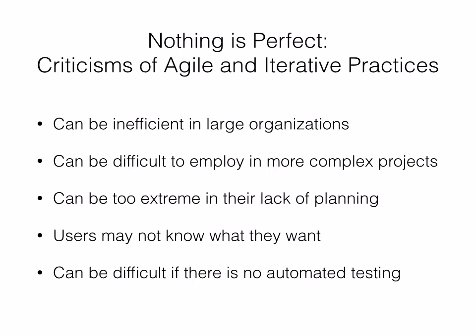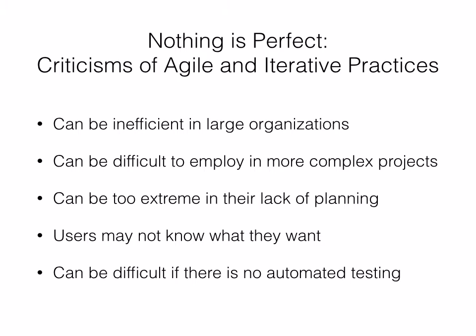It can also be difficult if users really have no idea what they want and don't form such an idea over the course of successive iterations. If that target keeps shifting by long distances, then it's argued that you're really not getting anything done with respect to iterative development. The last bullet is that it can be difficult if there is no automated testing. I believe, and many others who are the founders of this practice believe, that automated testing has to go hand in hand.